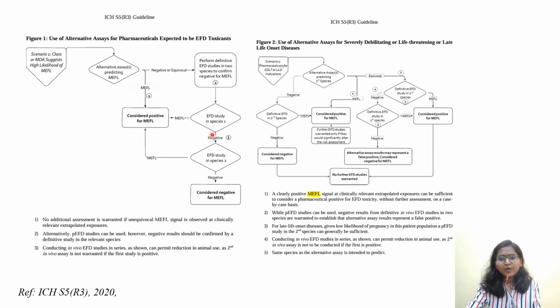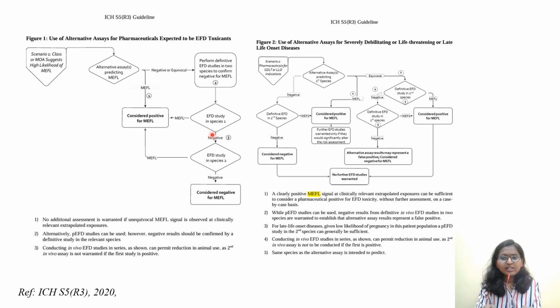Why I have kept these two decision trees here is that nowadays the examiners or the regulators expect us to minimize animal testing as much as possible as per the 3R or 4R principle. So in the guideline itself nowadays they are giving such alternative assays or methods where, based on class-specific effect or other data-driven support, we can minimize the testing.